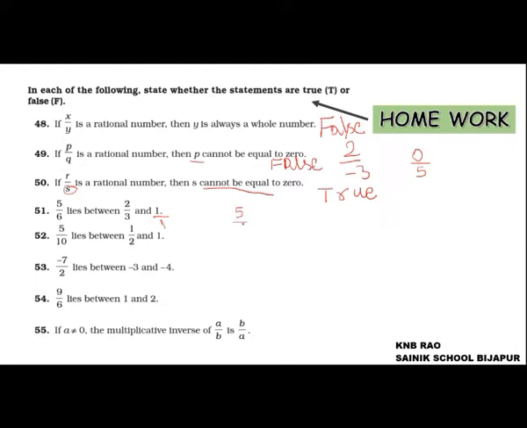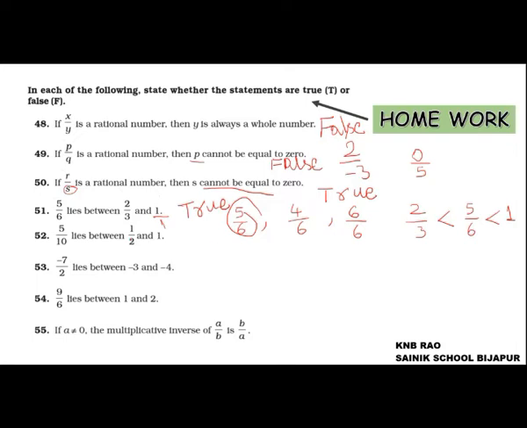I can write 5 by 6 as 5 by 6, 2 by 3 as 4 by 6, and 1 as 6 upon 6. Now observe, does 5 by 6 lie between 4 by 6 and 6 by 6? Yes. So 2 by 3 is less than 5 by 6, which is less than 1, or we can say 5 by 6 is lying between 2 by 3 and 1. Therefore, the given statement is true.